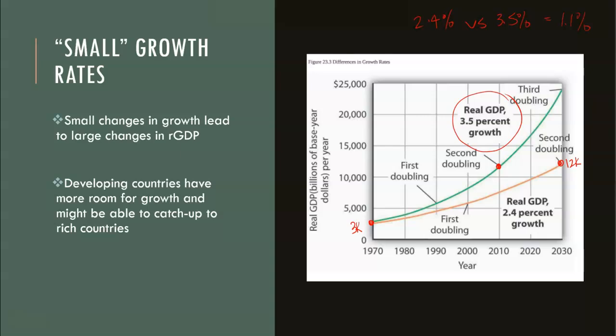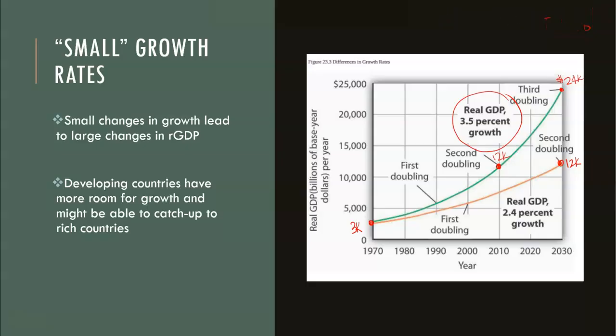So in 2010, right? Now they're at around 12,000. And by the end, 2030, at the end of the 60 years, they've actually doubled a third time and now are closer to $24,000. And so you look at this and you could see how even just that small percentage change, 1.1% extra over 60 years, means that this top economy is doing twice as well as the bottom one. So even relatively small differences in growth make a big difference over a long period of time.